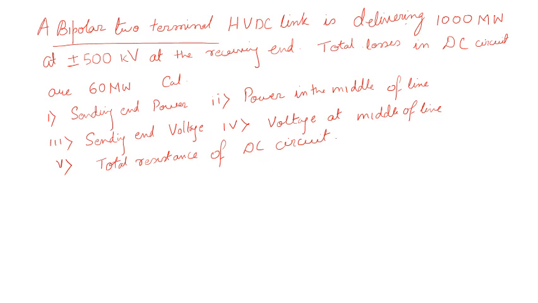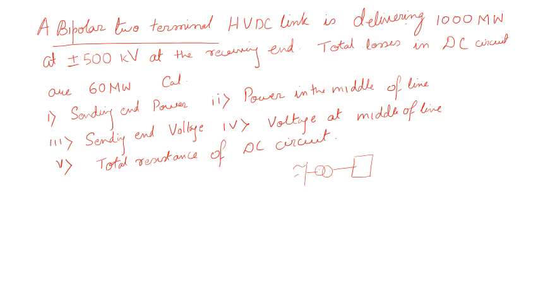It tells that it is delivering 1000 megawatt at plus minus 500 kV at the receiving end. Okay, so here I have already shown you that there are two rectifiers and transformers, right?